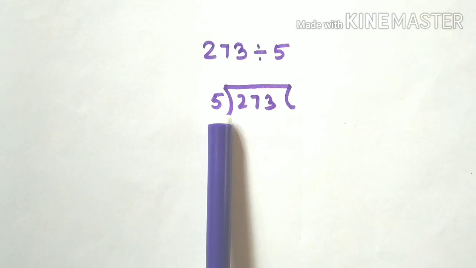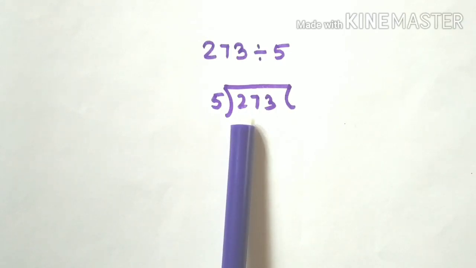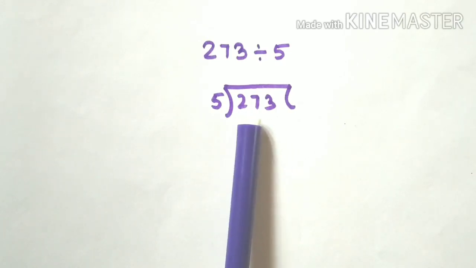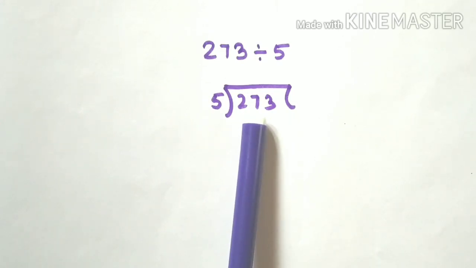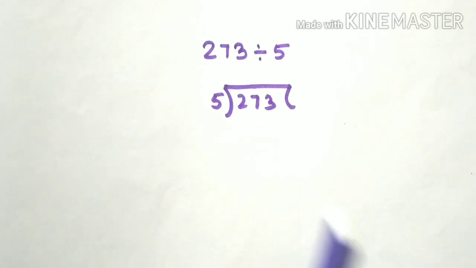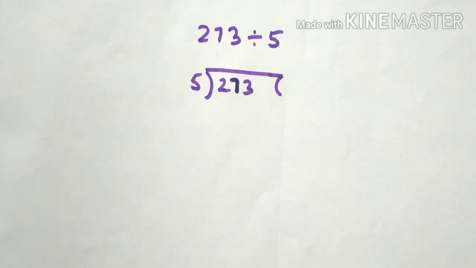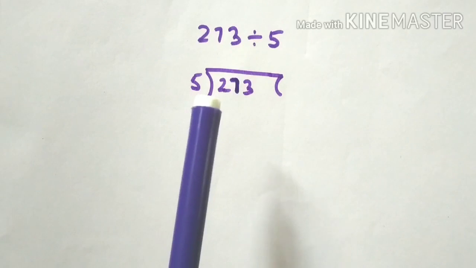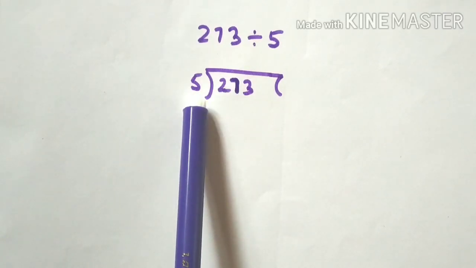But 2 is less than 5. So, let us consider 2 digits from the dividend. That is 27. So, 27 is greater than 5. So, we can consider 2 digits from the dividend. That means we will try to divide 27 by 5.